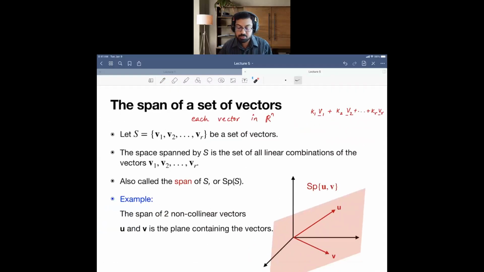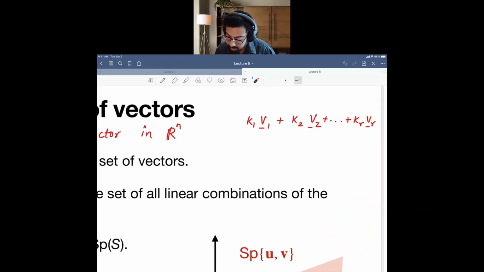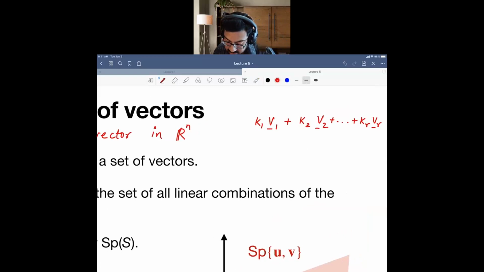So when I think about span, I'm thinking about all the linear combinations using the vectors in the set. For example, I can put k1 to be a 1, and I can put k2, k3, and so on up to kr to be 0, right?